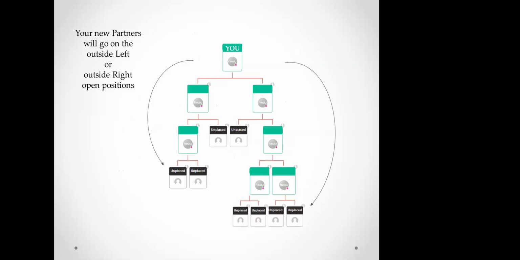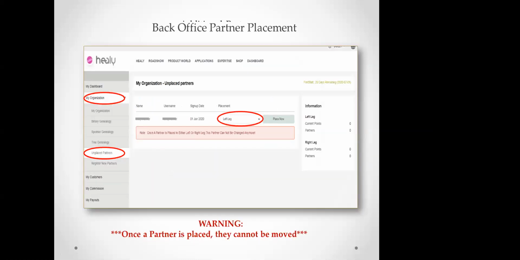Okay. So your new partners, again, will go on the outside left or the outside right. This is just a more broad, blown up version of what we just looked at, but where you would be placing someone if you brought them in. So if we go back up to this slide, if you click, and let's say this is Martha.